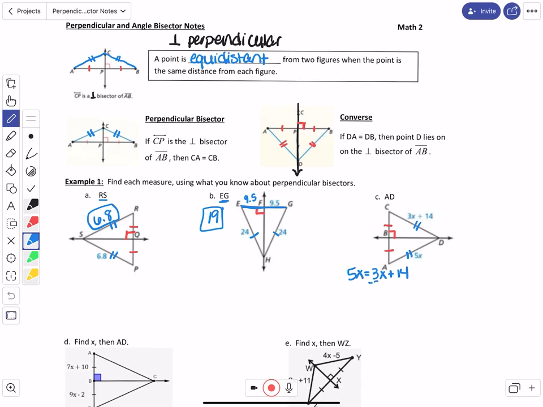We'll subtract 3x, and we'll get 2x equals 14. Divide by 2, so x equals 7. It wants us to find AD. AD is this part right here. So we do 5 times 7, which is 35.